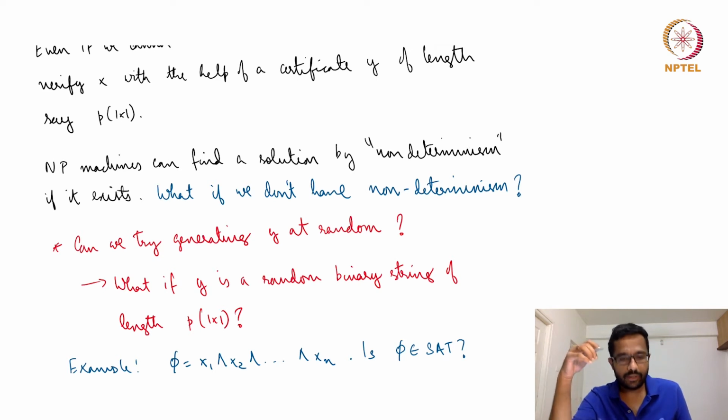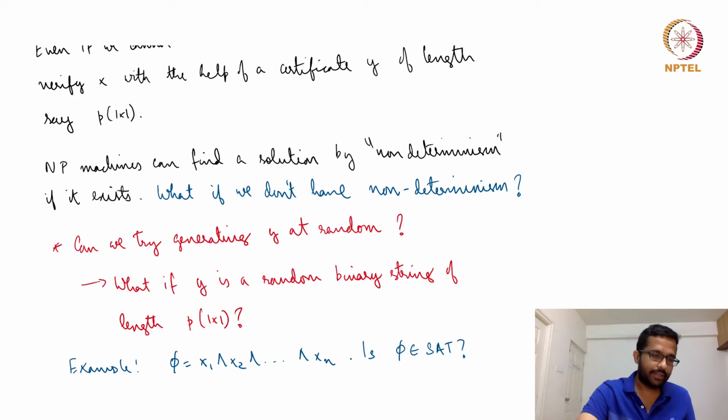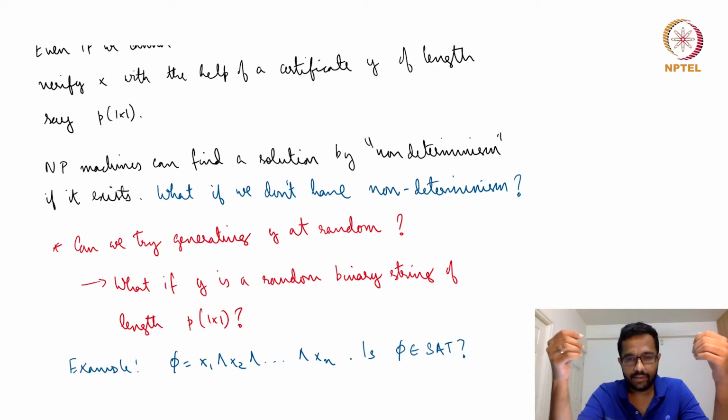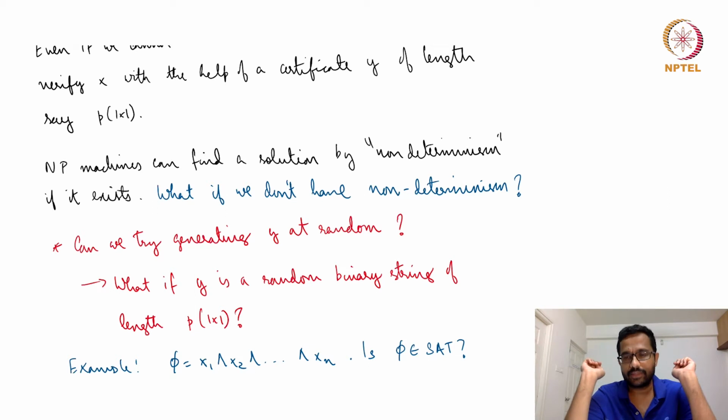Now let us see NP machines. There are different ways to think of NP machines. What we said in this lecture is that if there is a correct certificate, somehow the machine magically finds this solution. That is the power of non-determinism.